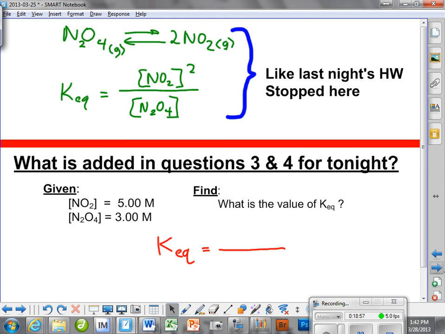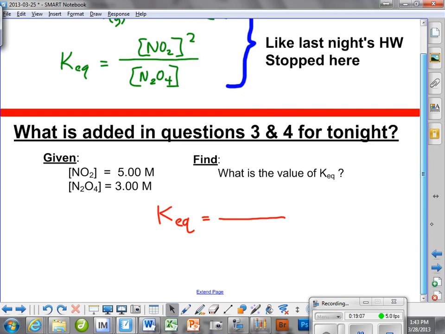Are we good? Now let's do this one again. Same kind of deal. This time we had a really simple equation, NO2 going back and forth with N2O4, and they're both gases. So this isn't a heterogeneous, is it? It's homogeneous, there's no liquid, there's no solid.